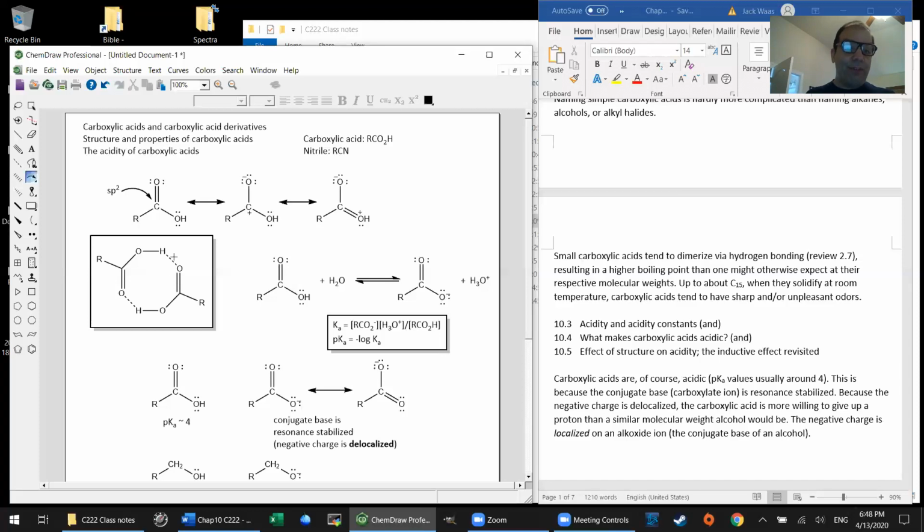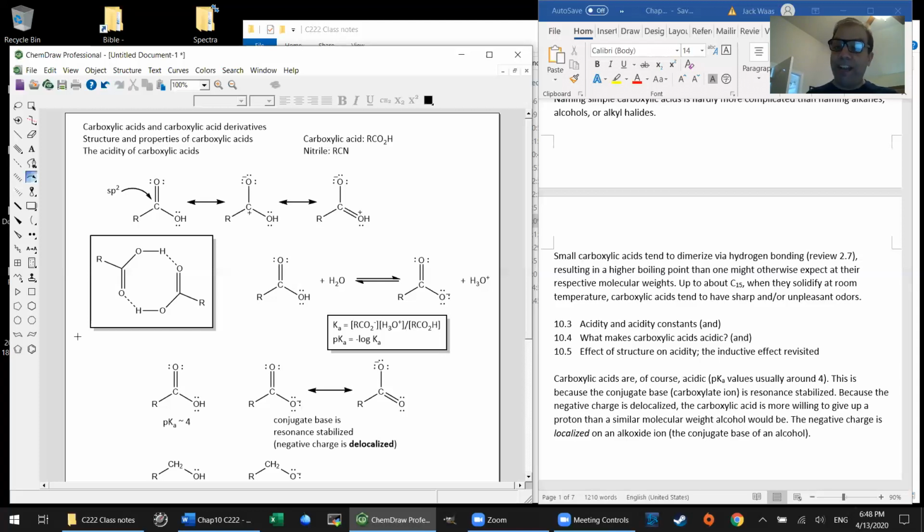And again, the reason it matters about these hydrogen bonds is because we've got to put in more energy in order to disrupt these hydrogen bonds and separate the molecules from one another, which is otherwise known as boiling. That's what we have to do in order to boil something. We've got to separate the molecules from each other. And since there's this extra attractive force that brings individual molecules of the carboxylic acids close to each other, that attractive force needs to be disrupted.